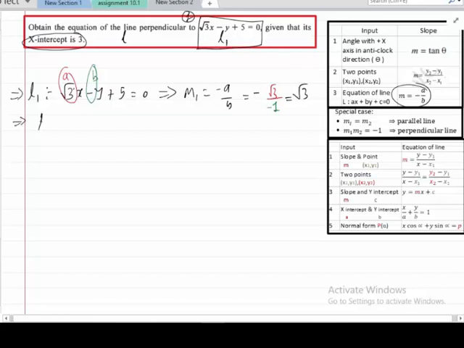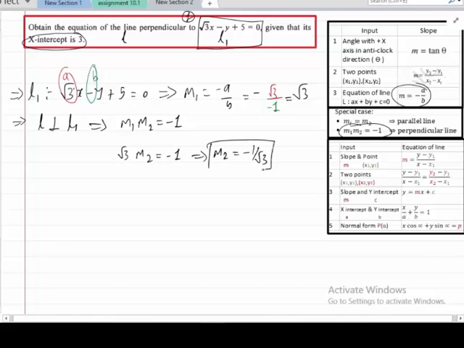Now it is given that our line L is perpendicular to L1. So the product of their slopes must be minus 1. Now m1 is root 3 and m2 we have to find, so we can say slope of our line L must be minus 1 by root 3.